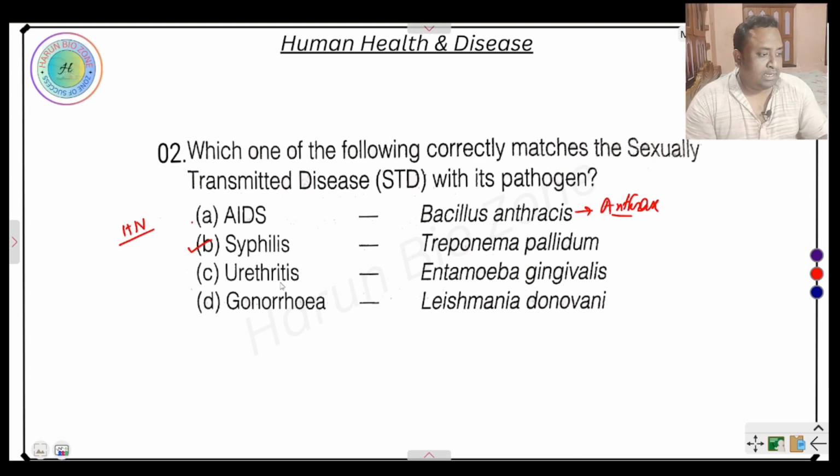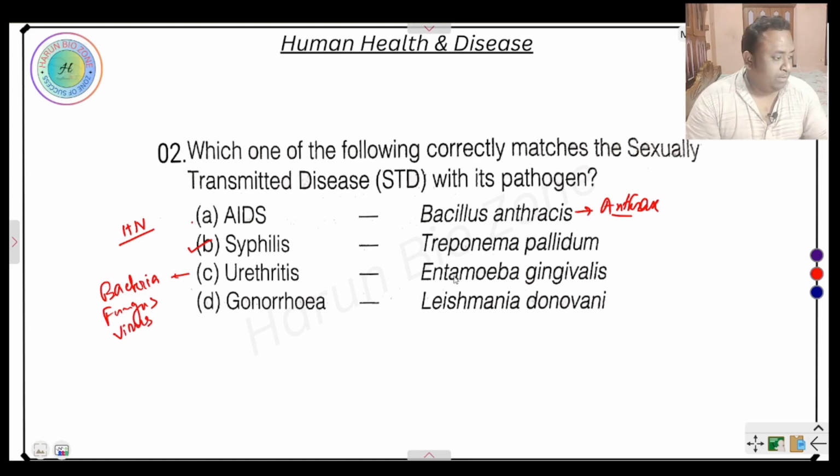Syphilis, Treponema pallidum, is a sexually transmitted disease. Urethritis is caused by bacteria, but this is the infection of the urethra, or fungus or some viruses can cause this type of urethritis.